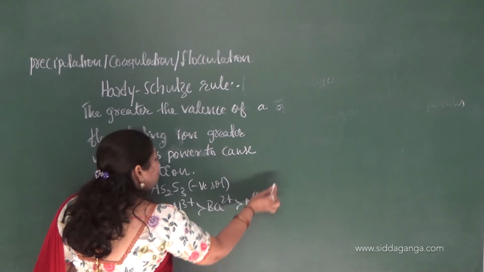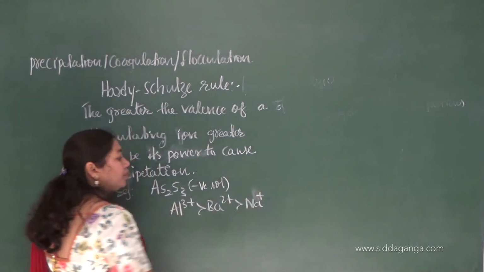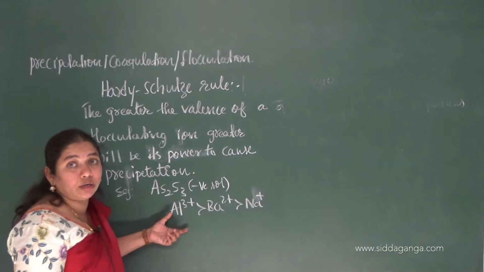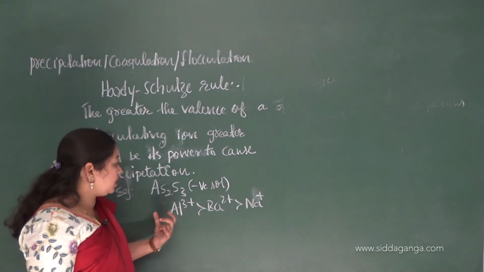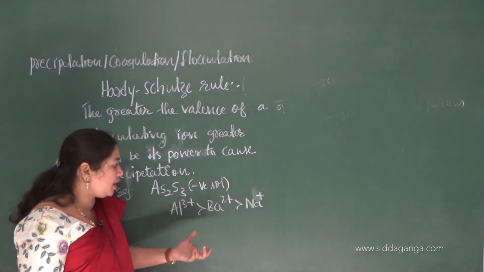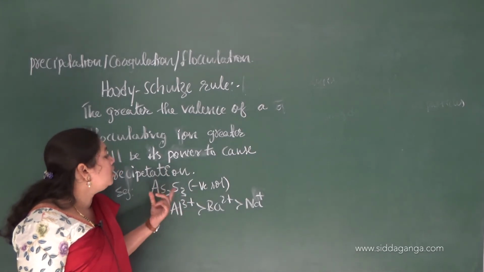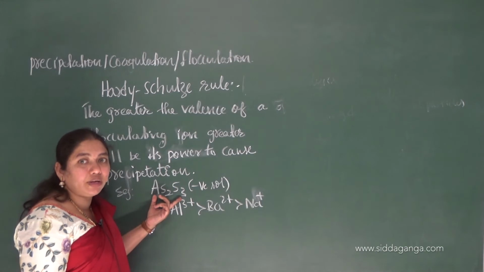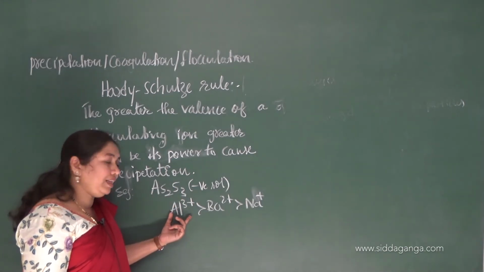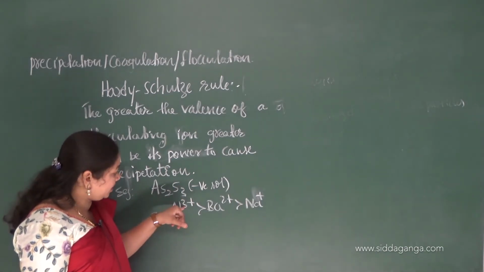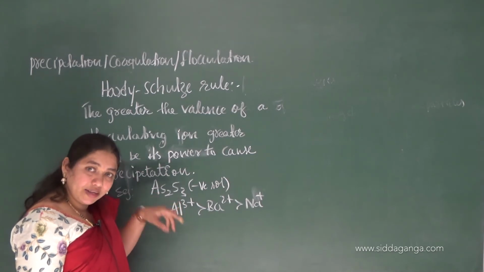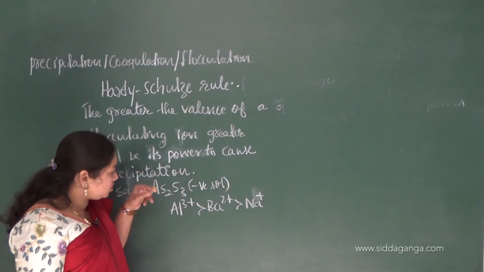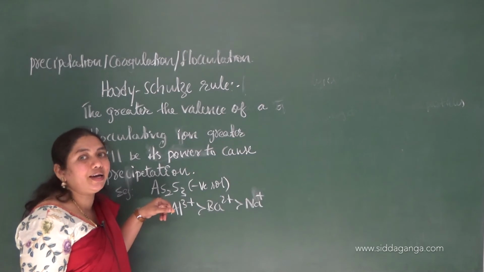So here you are going to get questions, 1 mark questions. For example, out of aluminium sulfate and barium sulfate, which is having the highest coagulating power? So here Al3+, that is because of its greater valence. Higher the positive valence, higher will be its coagulating power to coagulate the negative colloid.